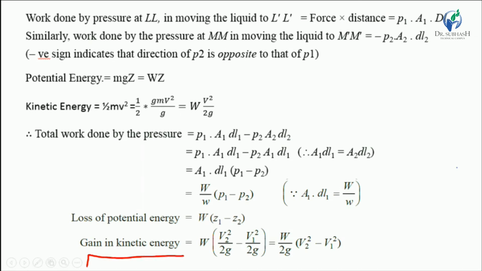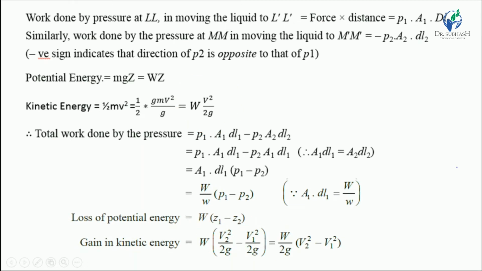So the gain in kinetic energy during the movement of fluid from LL to LL dash or MM to MM dash is the difference between the kinetic energy at section 2 and section 1. So the value is W into V square upon 2G at section 2 minus section 1. W is taken common, so V2 square upon 2G minus V1 square upon 2G. Okay, so this is the equation of gain in kinetic energy.